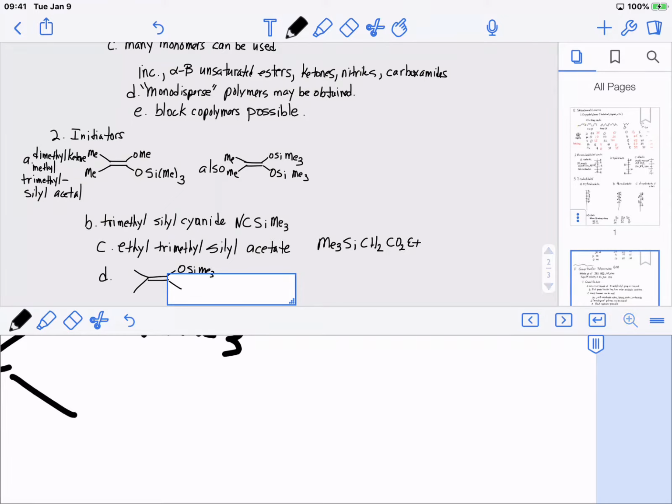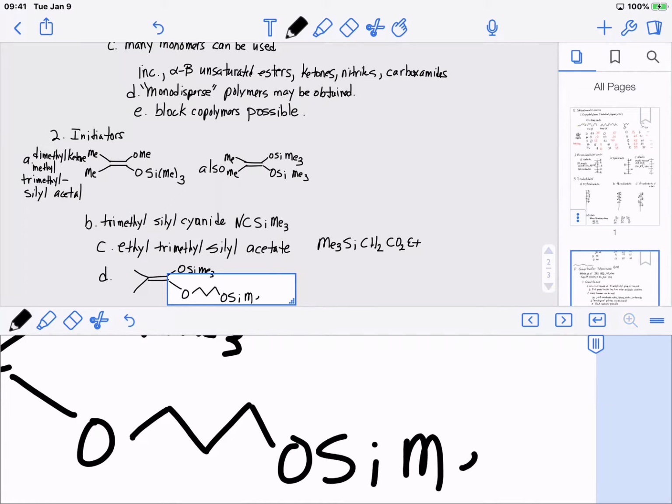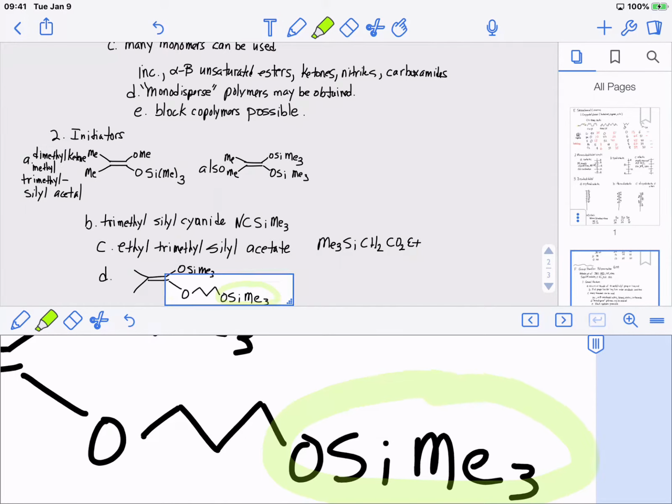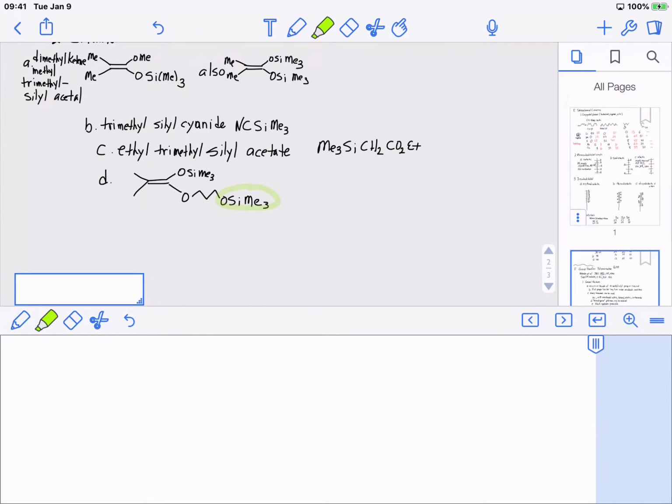And down here, oxygen, 1, 2, 3, 4, oxygen, Me3. By the way, this is kind of a protective end group too. So there's a lot of trimethylsilyl groups in here.